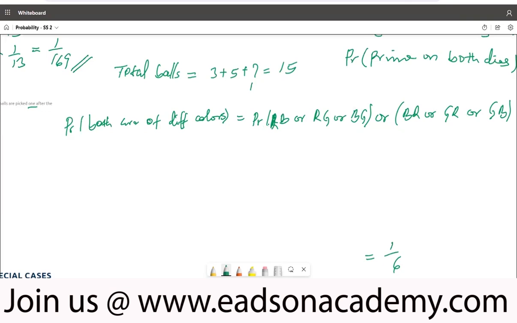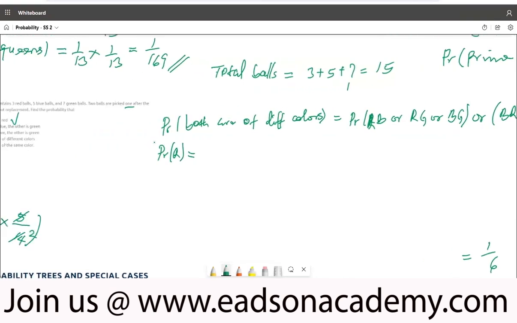So we need to take the probability of each of these one after the other. The probability that the first is red: how many red do we have? We have 3 red, so 3 over 15, which is 1 over 5. Then the probability that the second is blue. Where is blue? 5 blue.